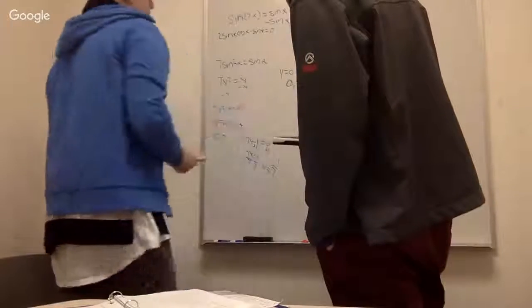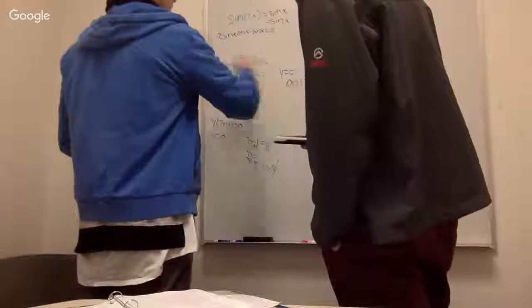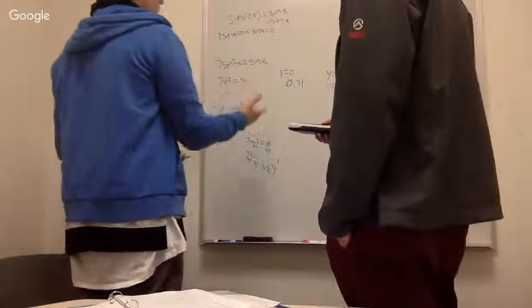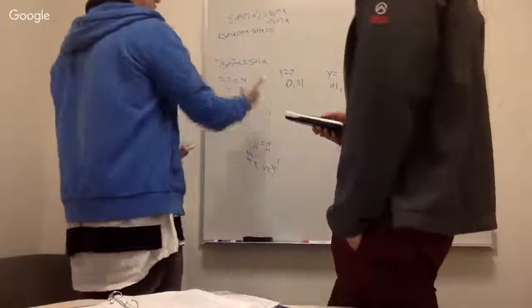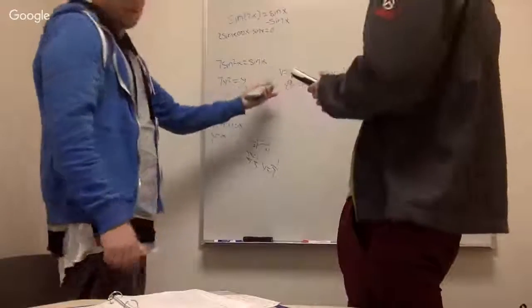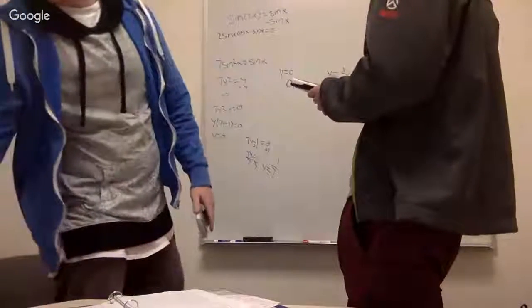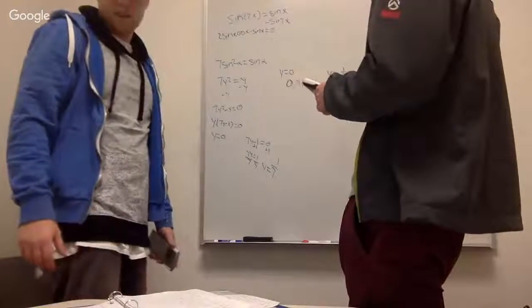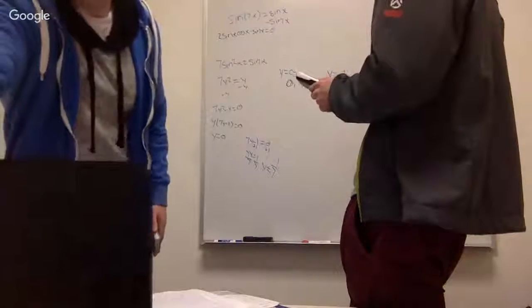So this guy, I remember I got this one because you end up equaling 1. Sine is 1. And when sine is 1, you get, man, how did I get that?